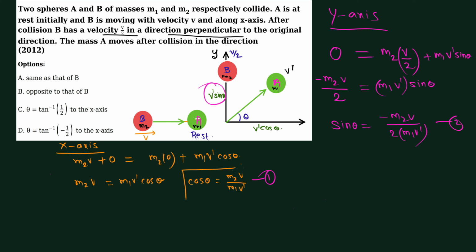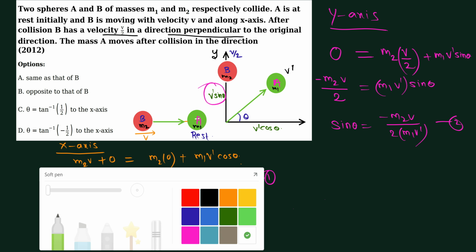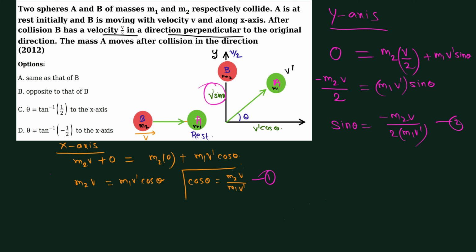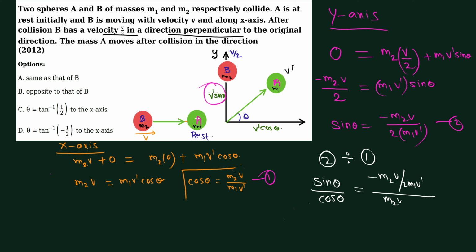To get tan theta, sin theta by cos theta, already you know that is tan theta. So I am dividing equation 2 with equation 1. Sin theta by cos theta. What is expression 2 we have here? Minus m2v by 2 m1 v dash, whole by what is the cos theta value we have? m2v by m1 v dash.